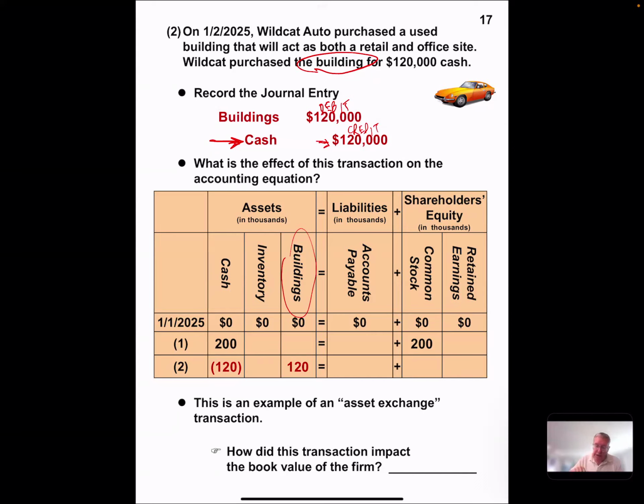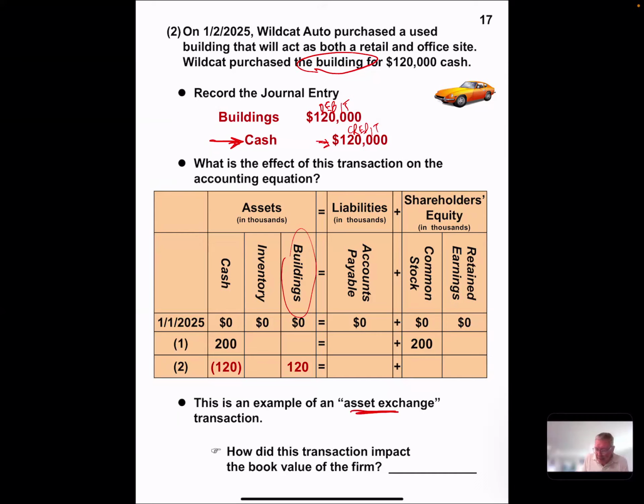We could have had something on the right-hand side of the account go down 120, but that's not what happened here. The other way to keep the accounting equation in balance is to have something on the same side of the account sort of balance out what happened so far. So we had one asset account go down 120. Another way to keep the accounting equation in balance is to have another asset account go up 120,000, and that's what happened here.